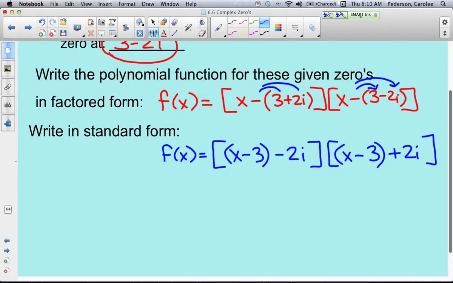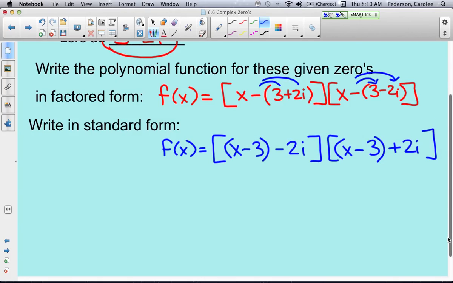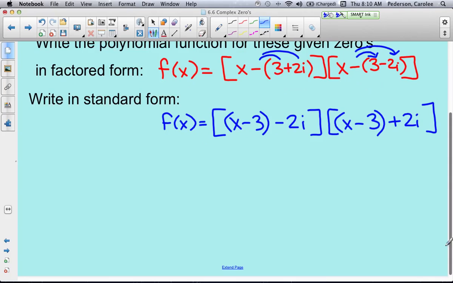Now what we have to do is we have to FOIL this. Be very careful here. So we're going to multiply the first two parentheses, that's the first term. So x minus 3 and x minus 3 is x minus 3 all squared.